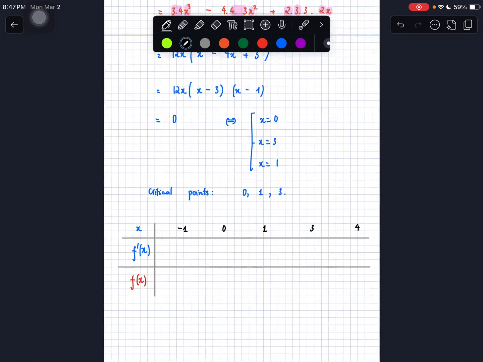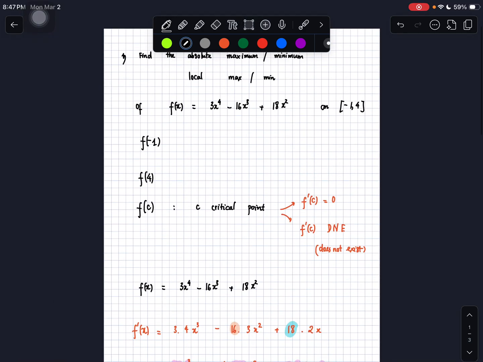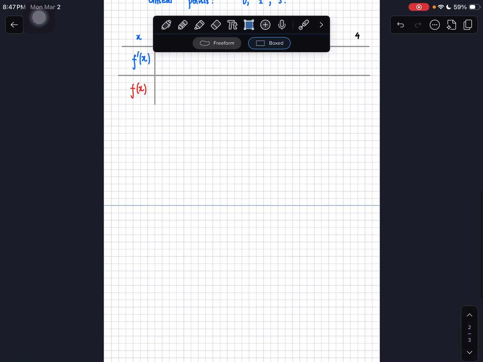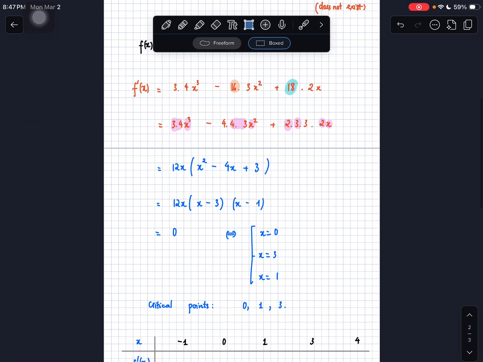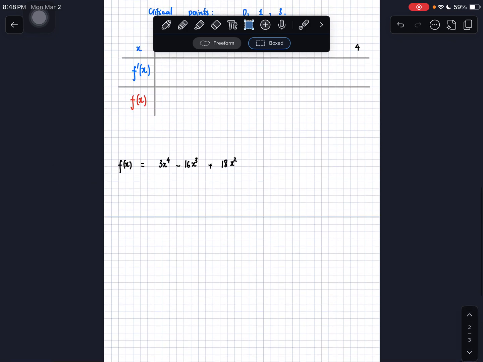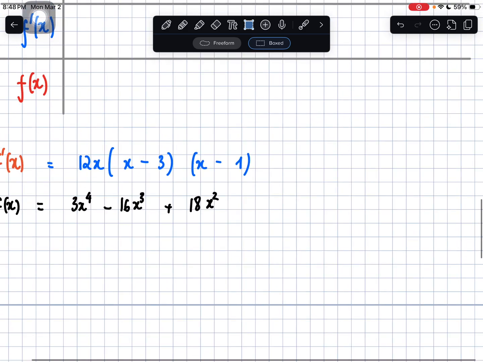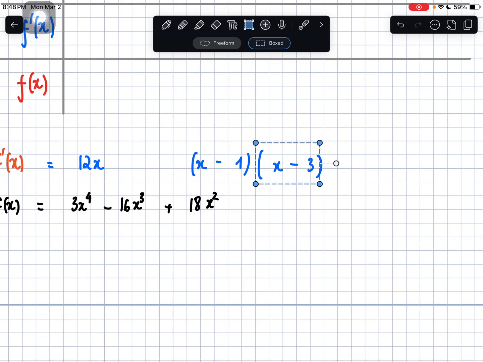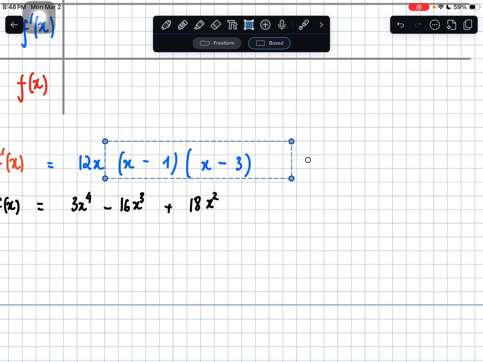Here, f of -1 is at the endpoint. So to make it nicer, I rearrange that: 0, 1, and 3.